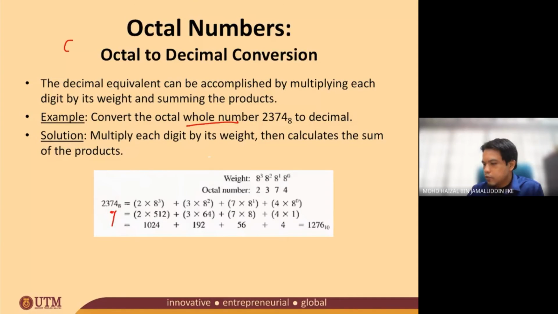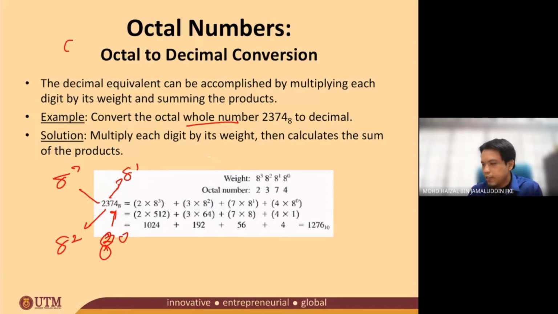So this one is 8 to the power of 0, this one 8 to the power of 1, 3 is 8 to the power of 2, and 2 is 8 to the power of 3.